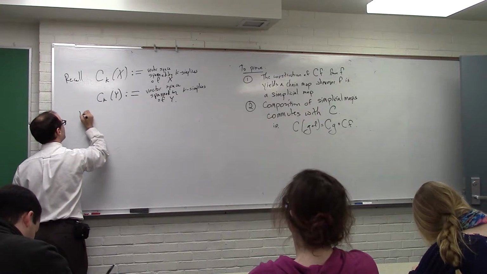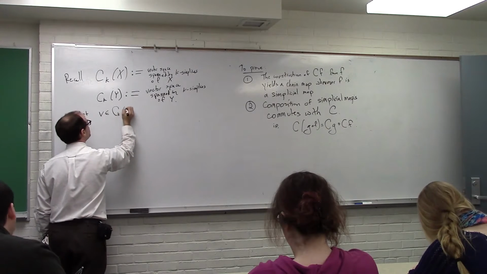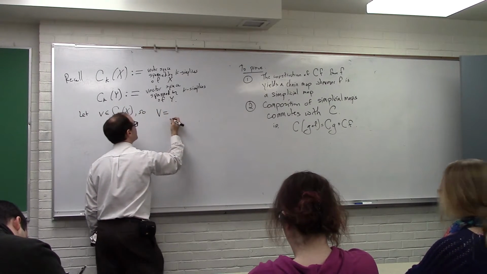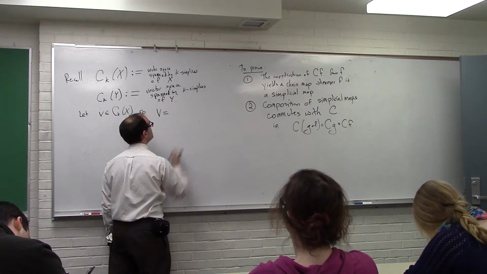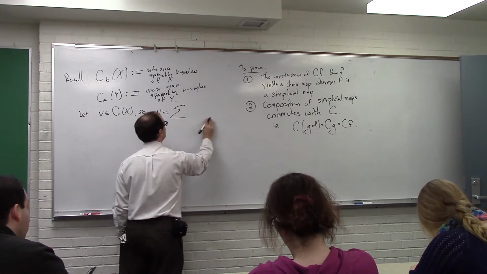Let v be in C_k of X. So v is a vector space element spanned by simplices of X.